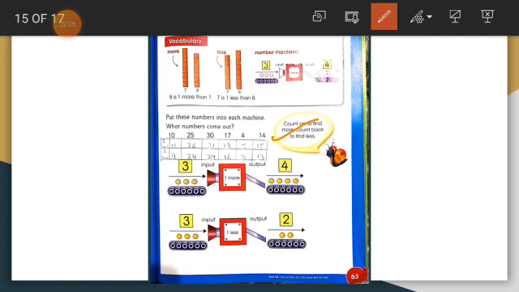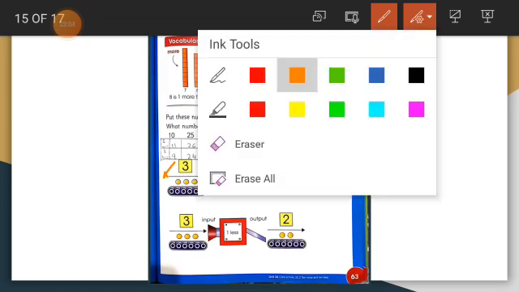And for one less number, we subtract 1 from these numbers: 10 minus 1, 25 minus 1, 30 minus 1, 17 minus 1, 4 minus 1 and 14 minus 1. Here are the answers. This is how you will solve this page. Make a table over here, keep adding 1 first and then subtract 1 from all these numbers one by one and write down the answer. Is this clear? Now move to the next one.